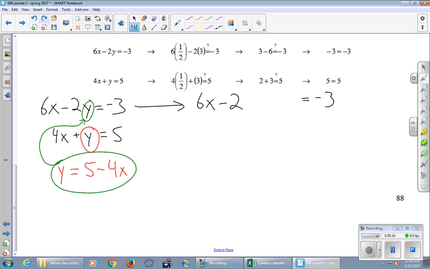So it's just copying that first equation, but I've left a blank space where I should have put a y. And what I'm going to put instead is 5 minus 4x. Because after all, y is exactly the same as 5 minus 4x. So it's okay for me to do that substitution, right?